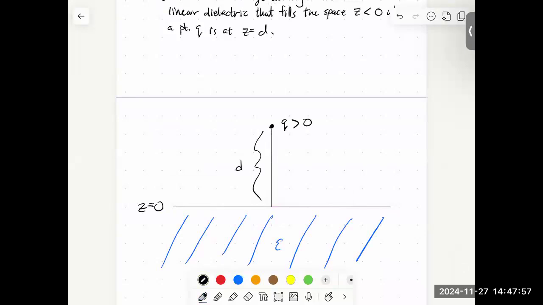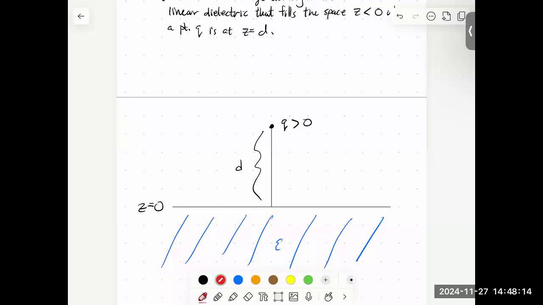All right. So what would we expect to happen? We would expect to see that our dielectric is going to become polarized. The negative ends of these polar molecules or atoms will be attracted to the positive charge.